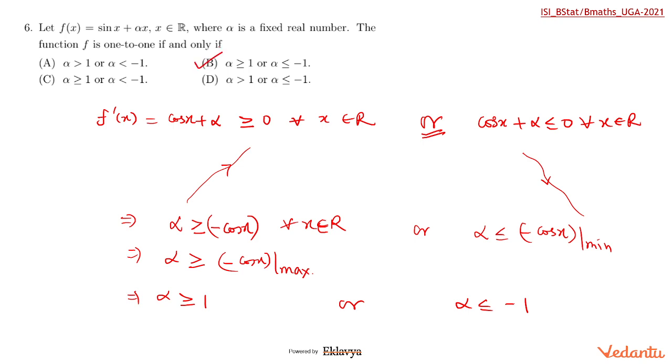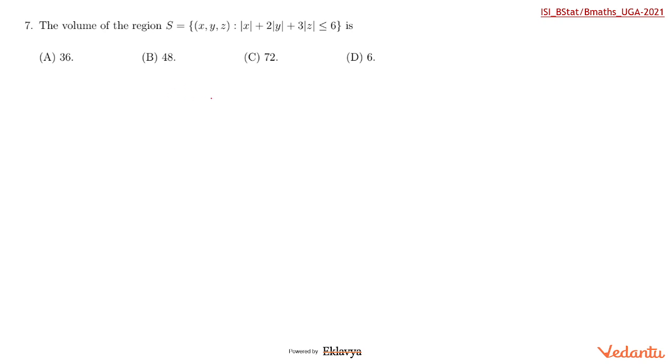All right. So coming to question number 7, the volume of the region S consisting of the points x, y, z such that mod x plus 2 mod y plus 3 mod z is less than or equal to 6. As mod is there in all the variables x, y and z, we can assume there are total 8 octants in 3-dimensional space.